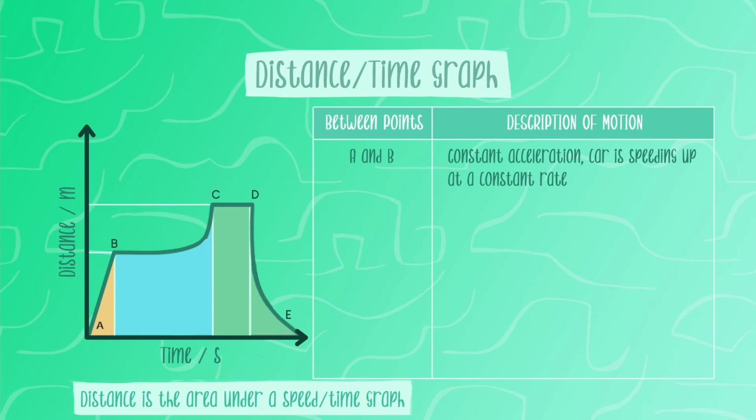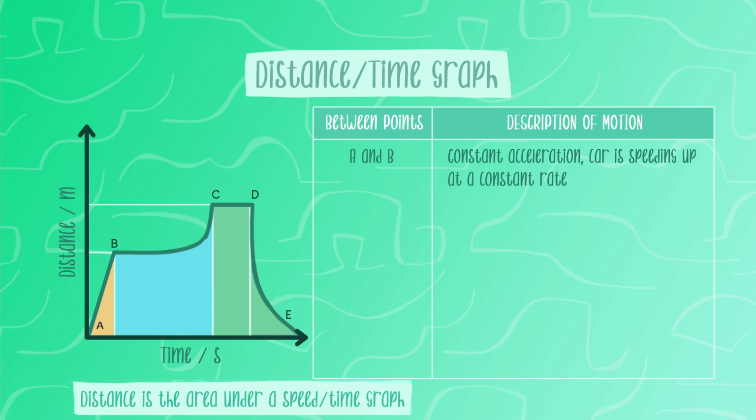Now, let's say we wanted to find the distance between points A and B, which would be the yellow region of the graph. We would simply take the area under that part of the graph, which is the yellow triangle, which is nothing more than the area of a triangle, which is half times base times height. And the same applies to the area between B and C and D and E.